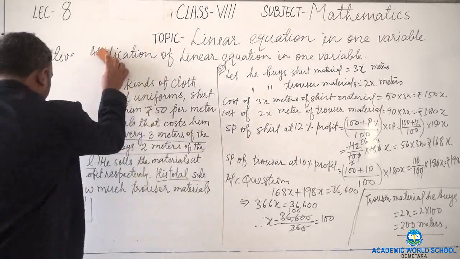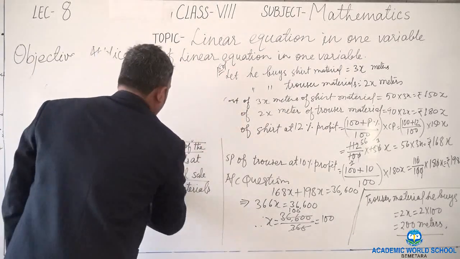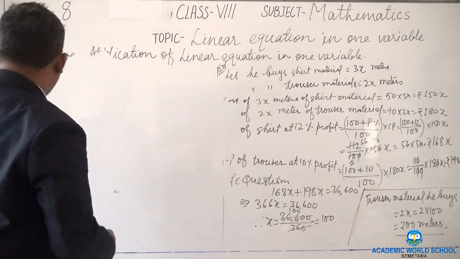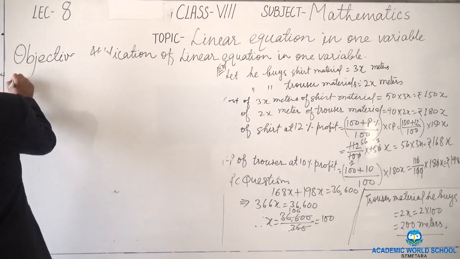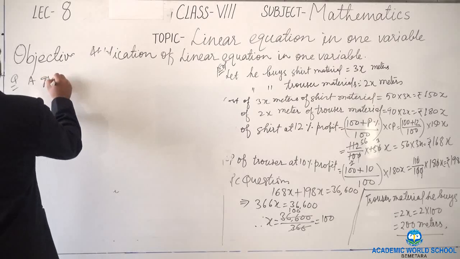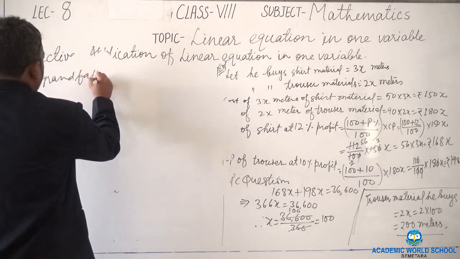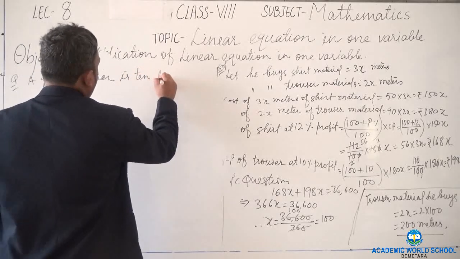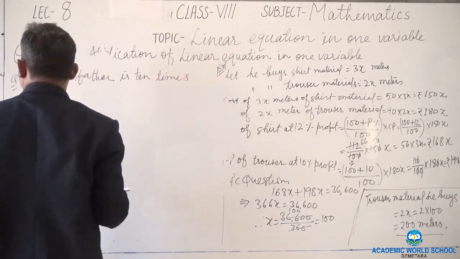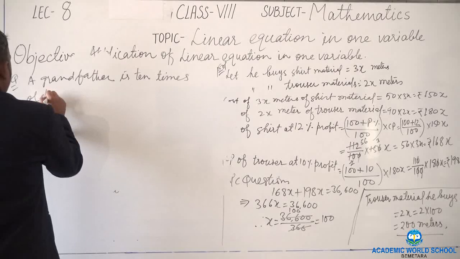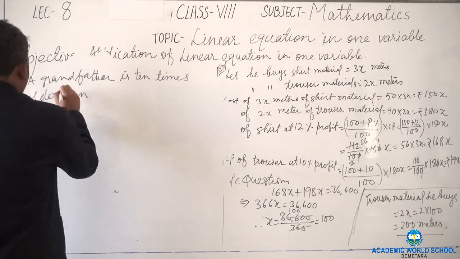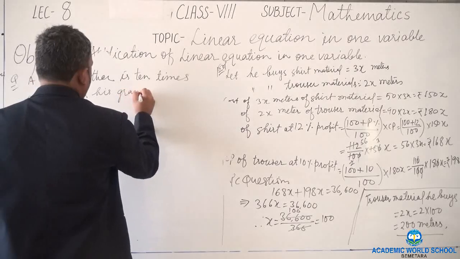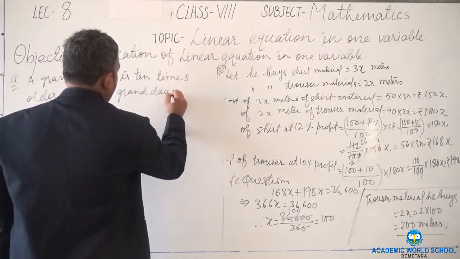The next example: a grandfather is 10 times older than his granddaughter.